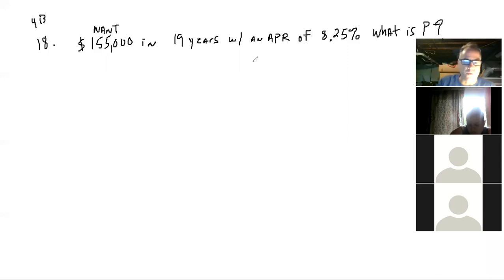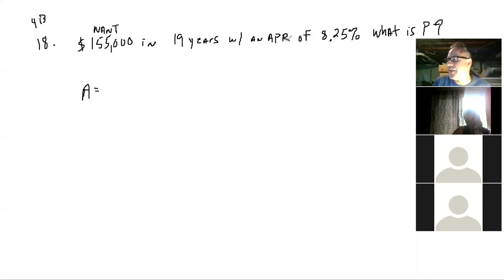Okay. So we're going to do a little bit of algebra here. It's going to look kind of funky, but we actually did this when we worked with proportions. Right. So it's going to look like this. So our formula is A equals P times the quantity 1 plus APR.